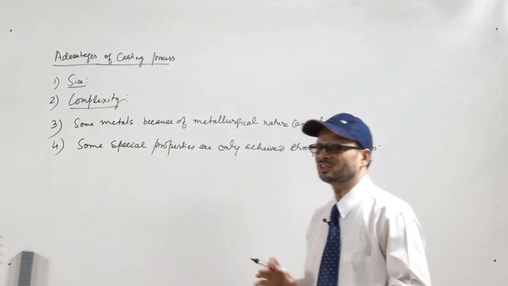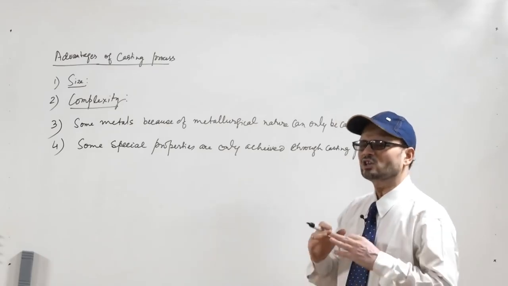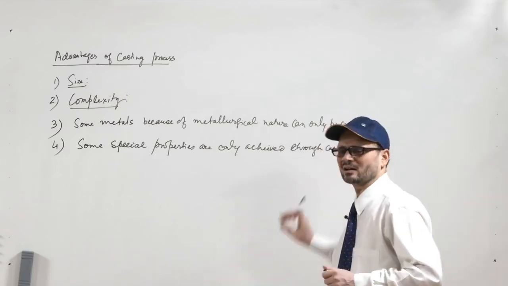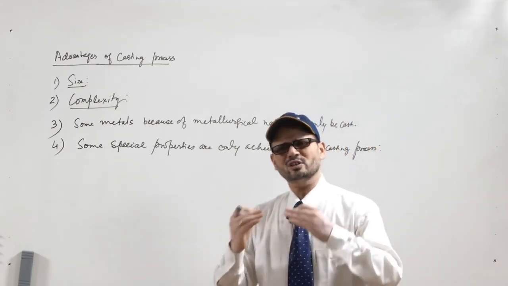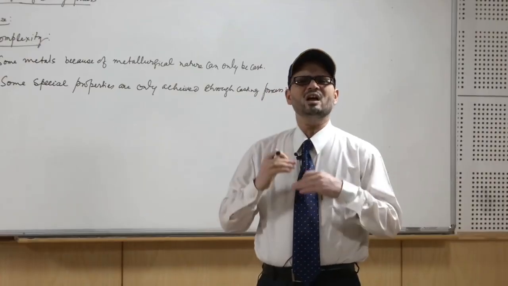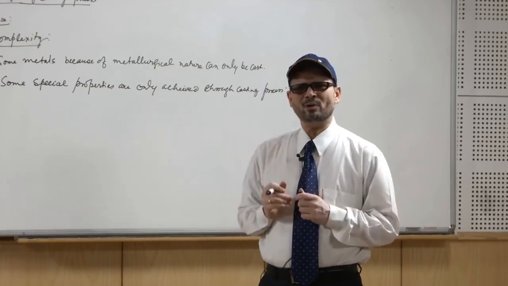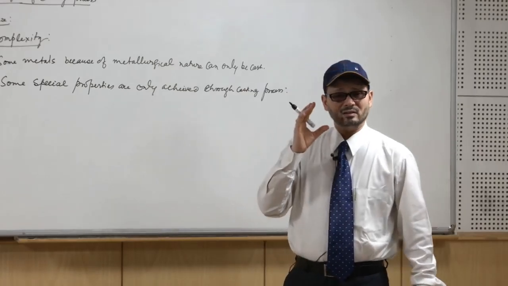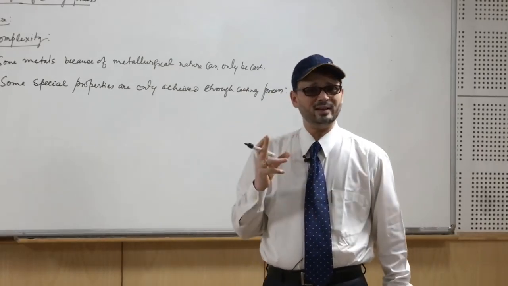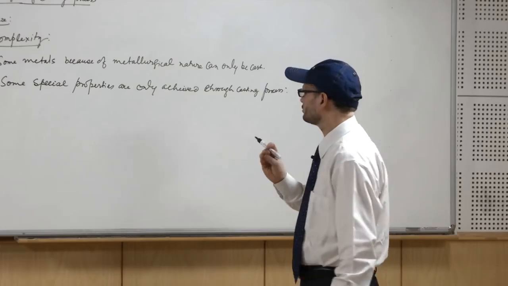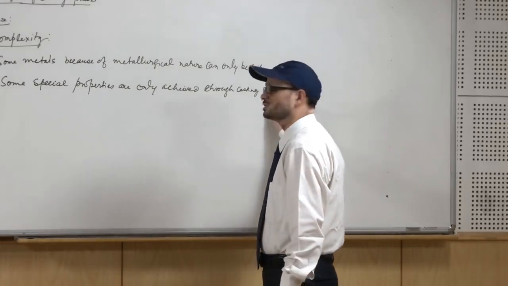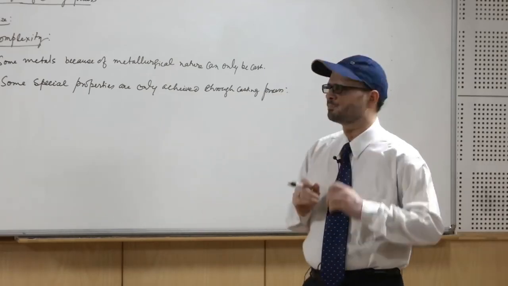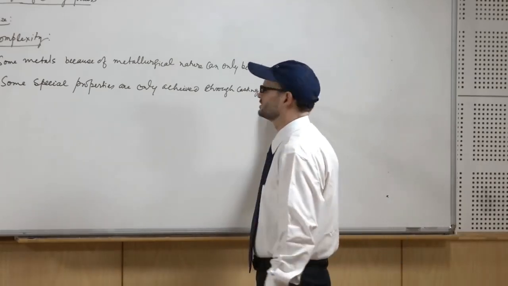They cannot be achieved if we are making the product through the forging route, like what we discussed about cast iron. Cast iron has good machinability and good damping property because of the presence of carbon in terms of graphite flakes, which are soft, and that is why it gives very good machinability as well as a cushioning effect that gives good damping property. So, that is that.